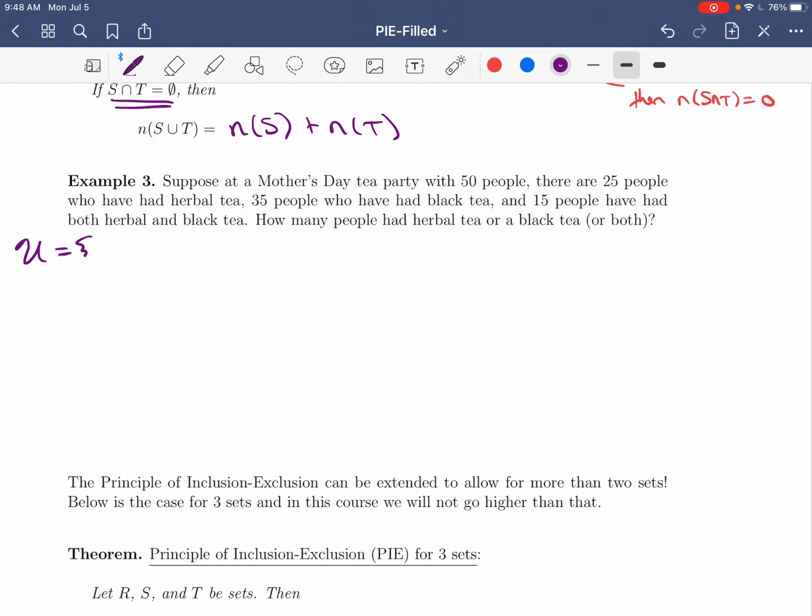So U, the universe, is going to be the set of people at the party, which means that the number of things in U is 50 because there were 50 people at the party. Okay, now H is going to be the people who had herbal tea.